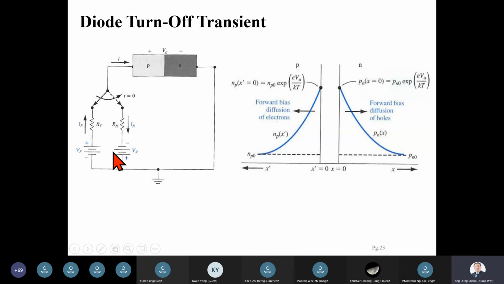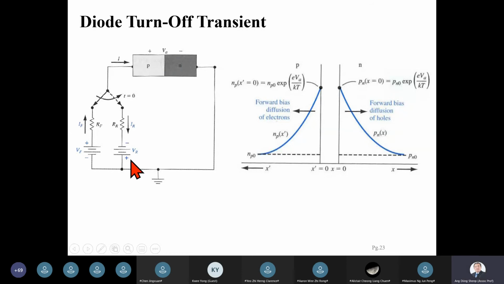Now, if you examine how the external voltage is applied, the polarity of the applied voltage is such that it will try to reverse bias the PN junction. In other words, the PN junction should turn off when I toggle the switch from this position to this position, because in this position the applied external voltage is reverse bias.